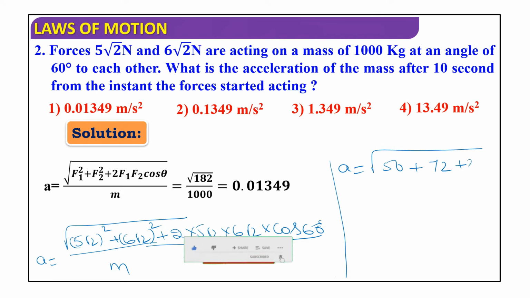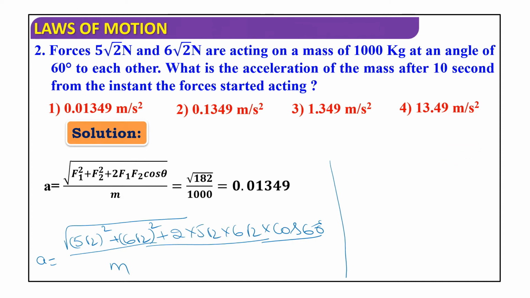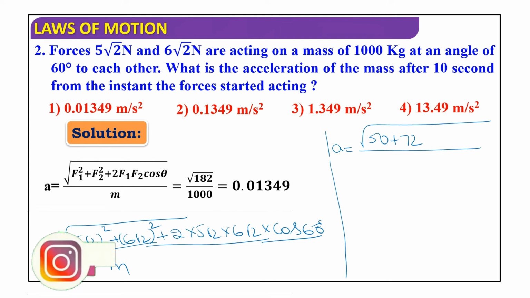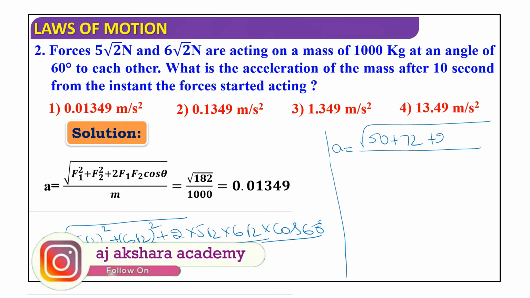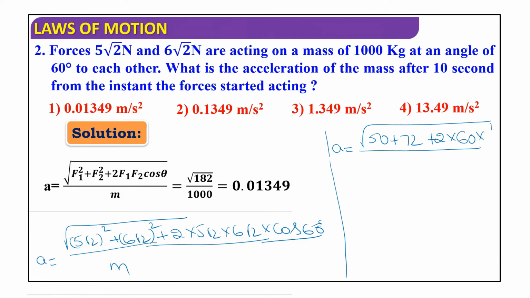So 2 into 1 by 2 gets cancelled. 5 into 6 is 30, 30 into 2 is 60. And m is 1000.